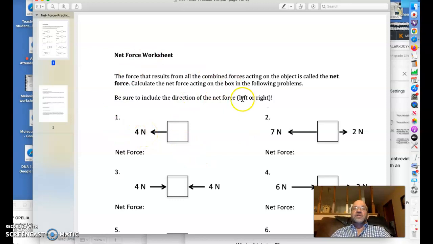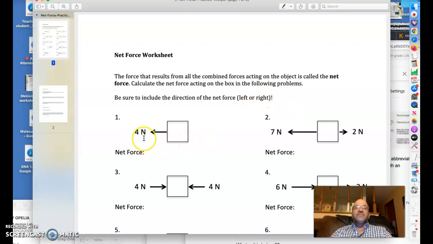So on this worksheet, you would write 4N to the left, because the directions say the force that results from all combined forces acting on an object is called the net force. Calculate the net force acting on the box in the following problems. Be sure to include the direction of the net force, left or right.